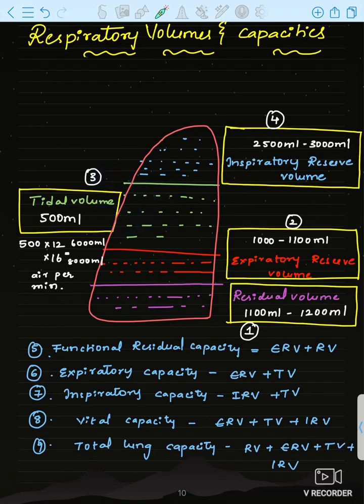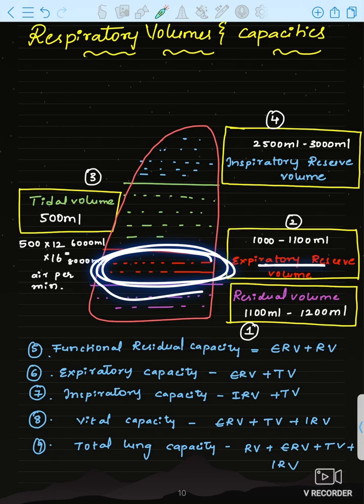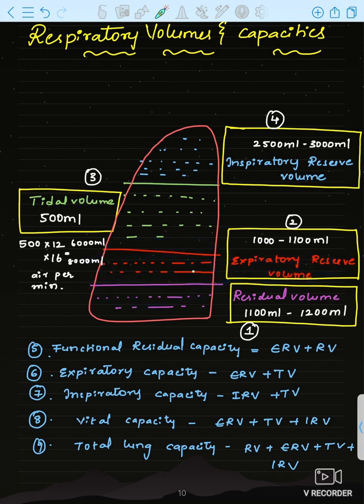Now you want to remove more air, forced expiration you want to do. Okay, so this remaining which was reserved, expiratory reserve volume which is reserved, that also if it goes, then forced expiration.